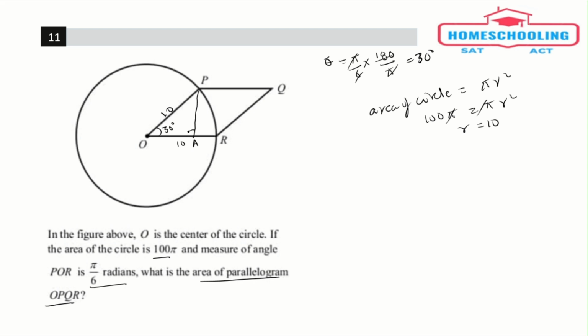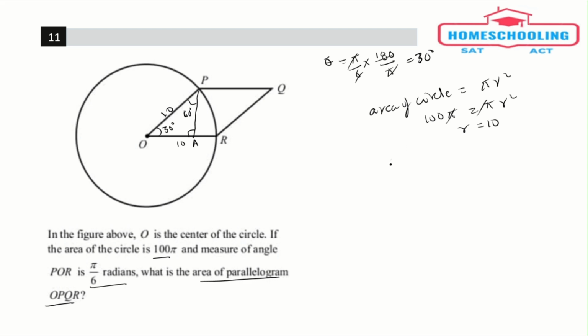This is 90 degrees, so this is going to be 60 degrees. So we have to find the height PA.